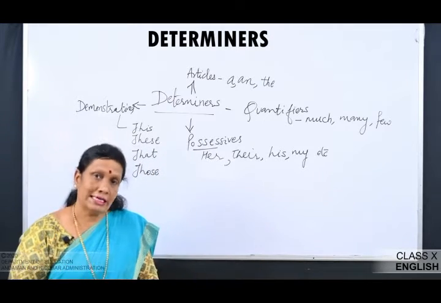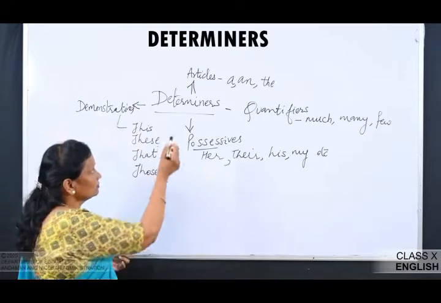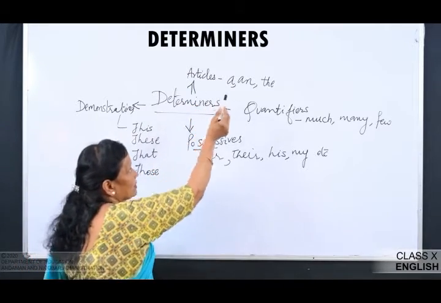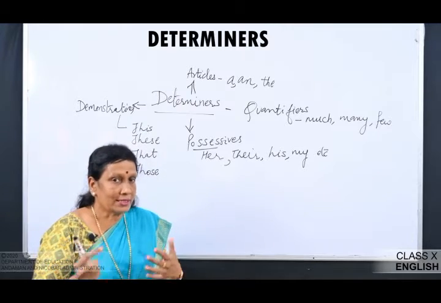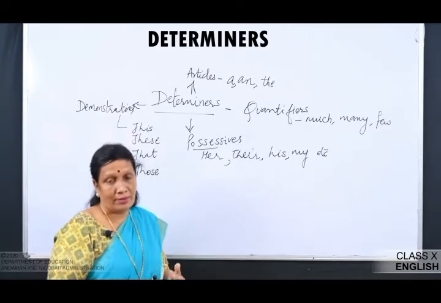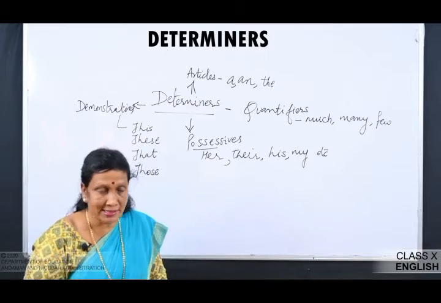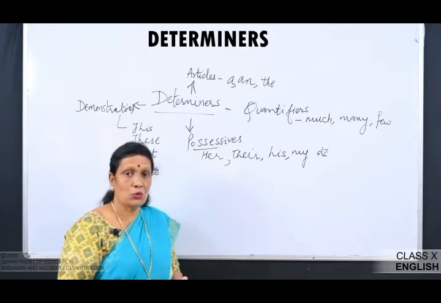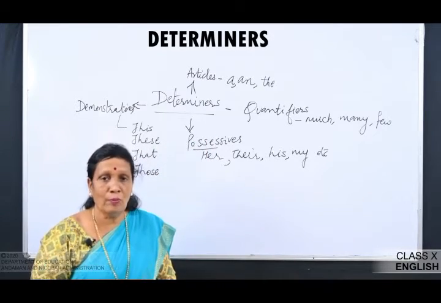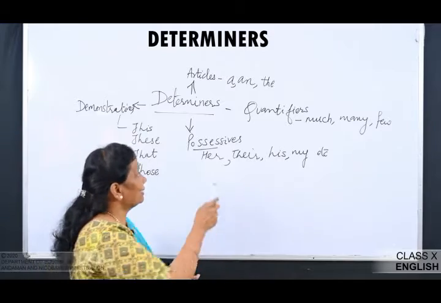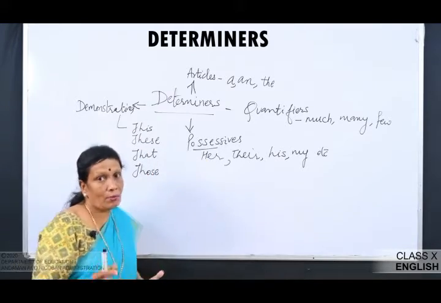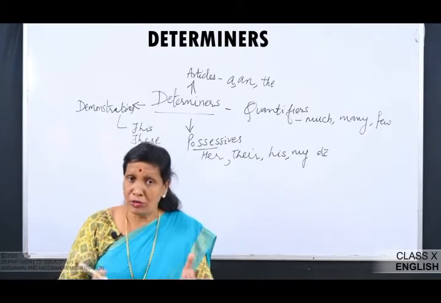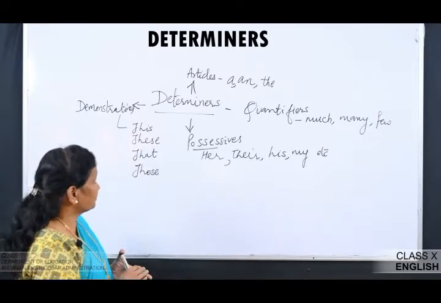So as I told you, children, articles: a, an and the. We know that a is used before consonants, and we use an before a, e, i, o, u, the vowels, and the is a definite article. When we talk about some particular things, we use the article the.